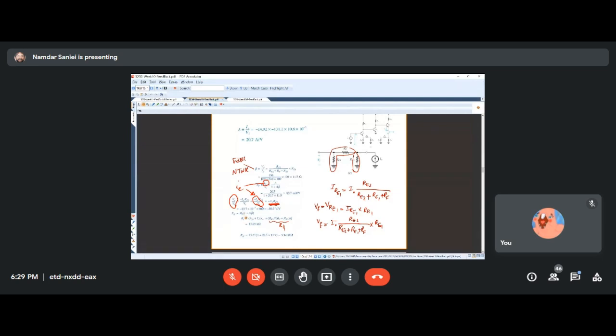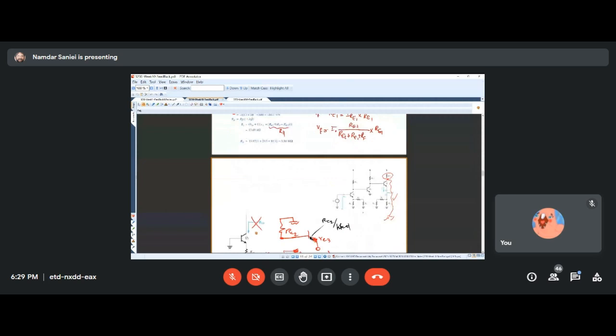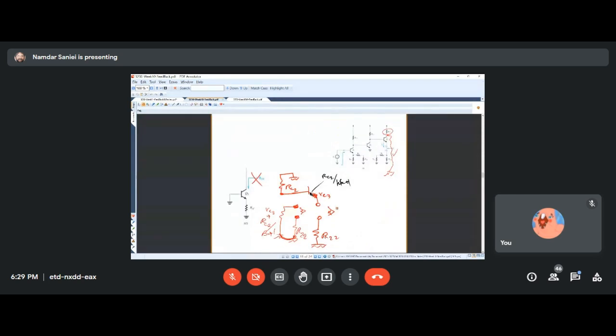Again, input resistance and output resistance were also found. Output resistance was a little tricky, again, because when you break this link here, then you have to look both ways. One is to the ground down here, and the other one to the ground from up there. And once again, you had to consider this RC2 reflected back on the emitter side.